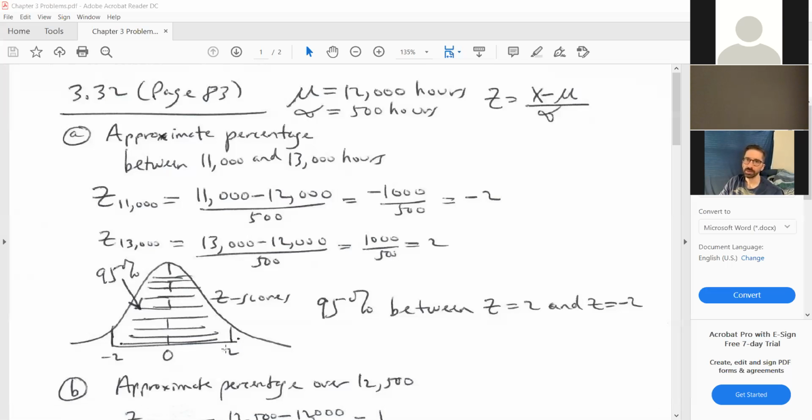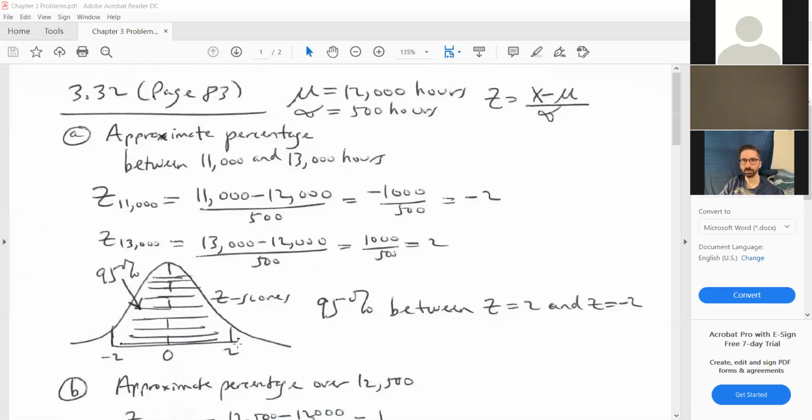Okay. And then this area here from -2 to 0 is the percentage that's between 11,000 and 12,000 hours. And the area tells you the percentage. All right. You get the idea? The area under the curve gives you the percentage. So we know from the empirical rule, which we learned, that plus or minus 2 standard deviations from the mean, the percentage is 95%.